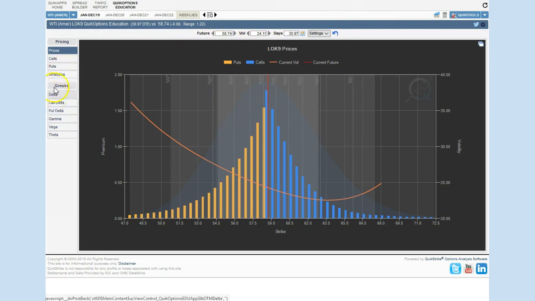So now let's take a look at the Greeks. The Greek delta, call delta and put delta, has the same model as the prices, calls and puts. We do that because obviously the deltas are going to change for each strike. The gamma, the vega, and the theta are the same regardless of whether it's a call or a put.